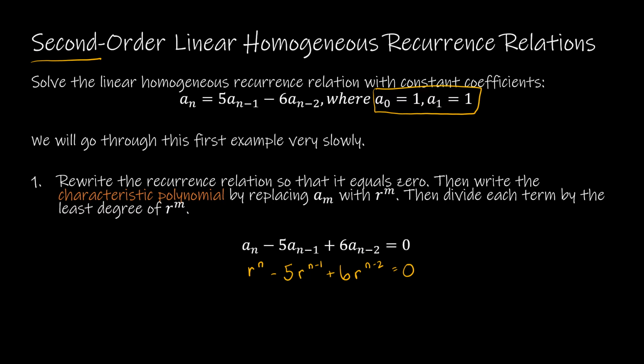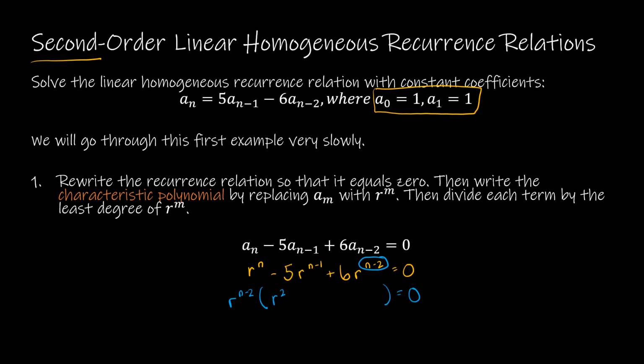Then we're going to divide everything by the least degree of r to the m, and that is going to be r to the n minus 2. So essentially I'm factoring out r to the n minus 2 from each of these values.